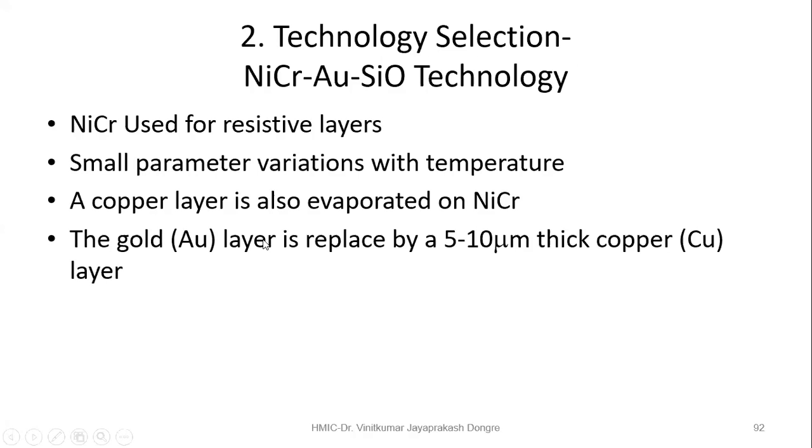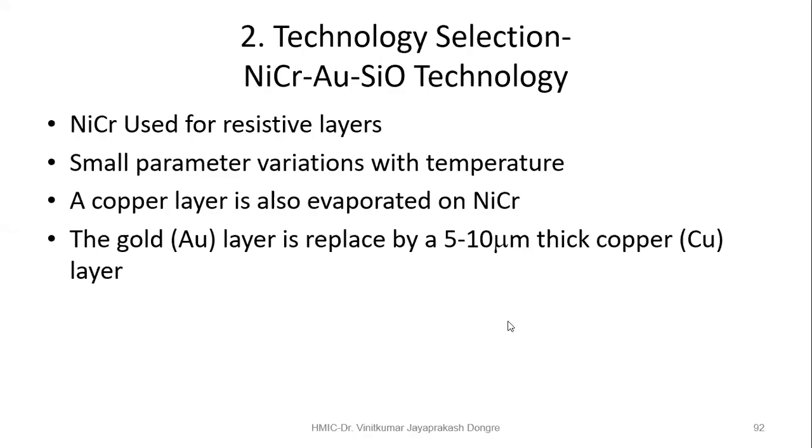The gold layer is replaced by a 5 to 10 micrometer thick copper layer. The intention of the gold is that it is proof to deoxidation, so it doesn't take corrosion or oxidization. That's why we are using this.